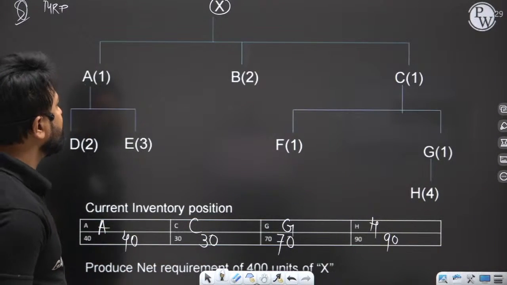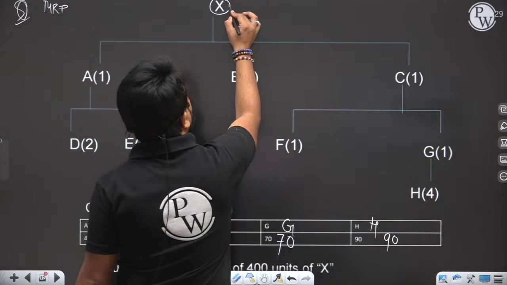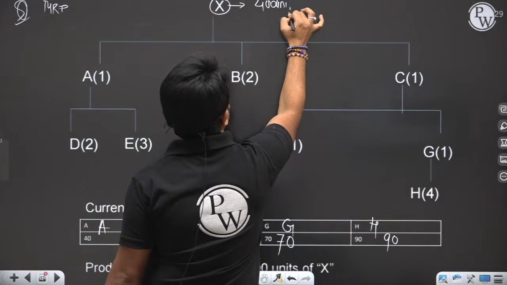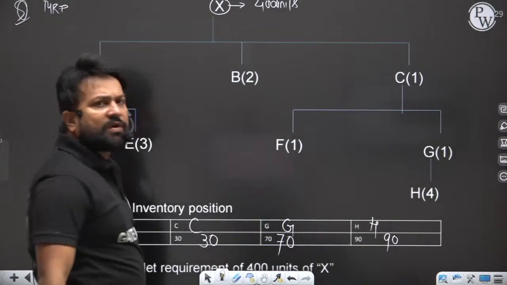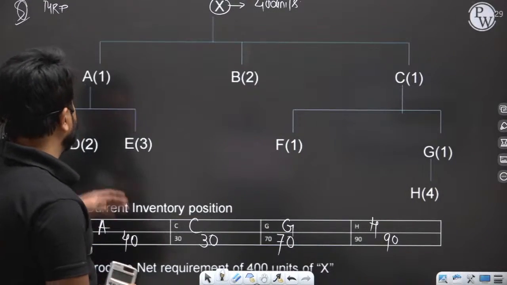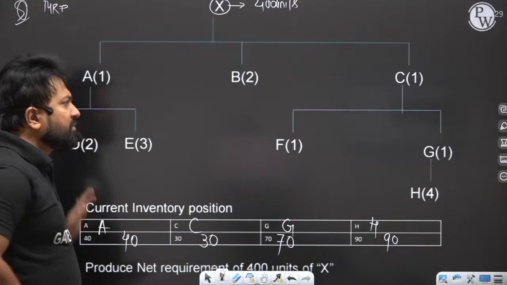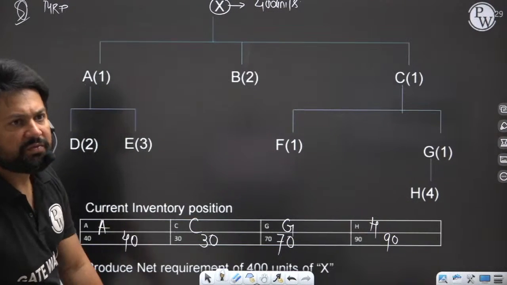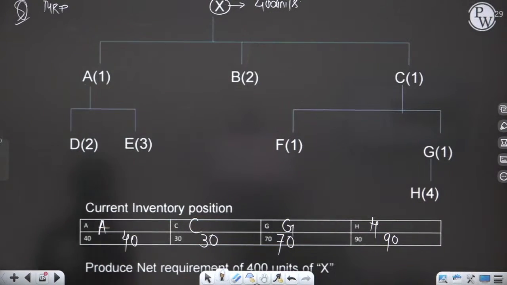We are going to produce 400 units of X. According to the 400 units, find the required number of units of A, B, C, D, E, F, G, H. Please solve this. Take your time.